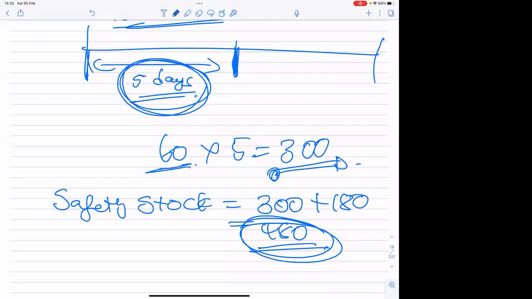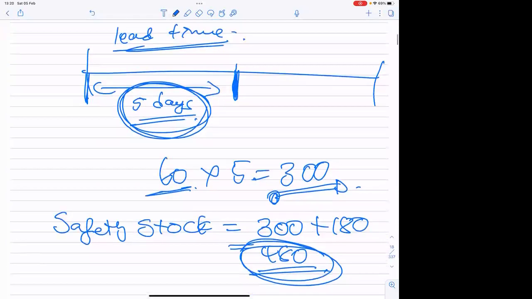This is where you order again from your supplier, because you know that if I order, it takes 5 days. So make a provision for those 5 days. Right, so this is where we end.